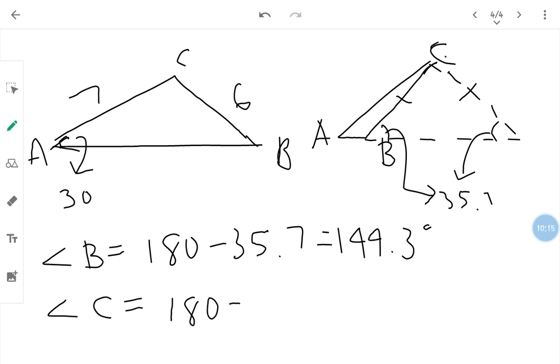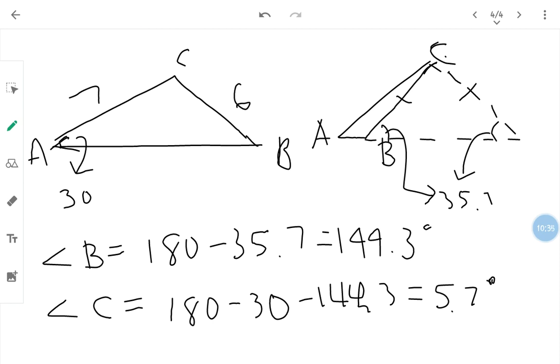Then I can get my new C this time. 180 minus 30 minus 144.3. What is it? That's going to be 5.7 degrees. So you can literally restart again by using the other information, which is the obtuse angle.